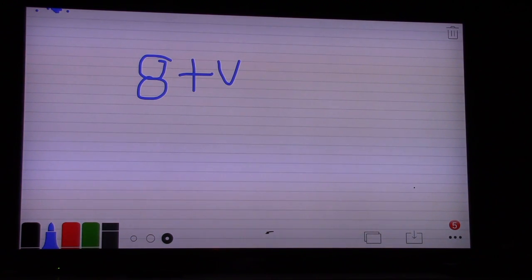Now, ideally, I want to consider any time there's addition or subtraction to v, I want to set up a case where nothing is being added to v. Nothing at all. I want v by itself.